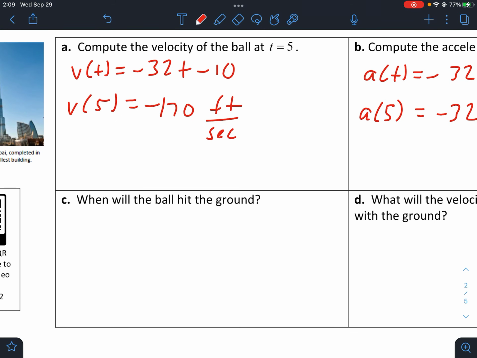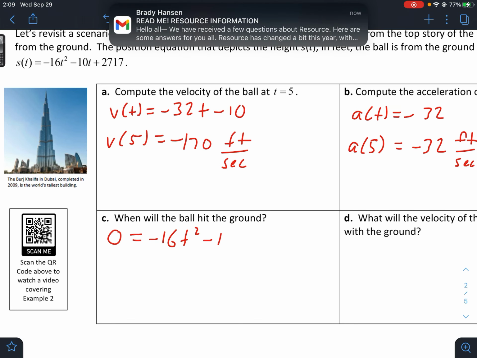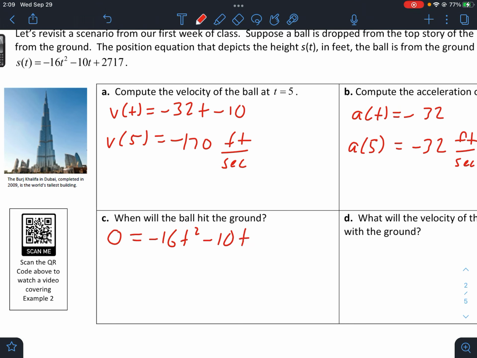When will the ball hit the ground? All right, so that means when will the height be 0? In other words, when will the position function be 0? So we're going to set s of t equal to 0. And we're not going to solve this mathematically.